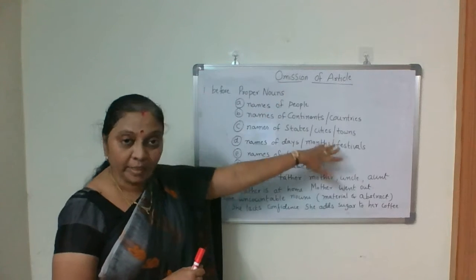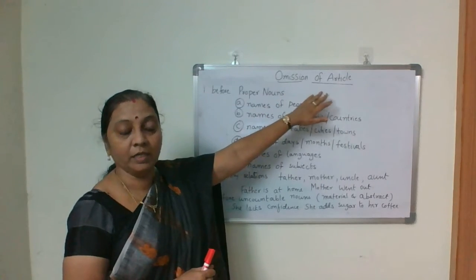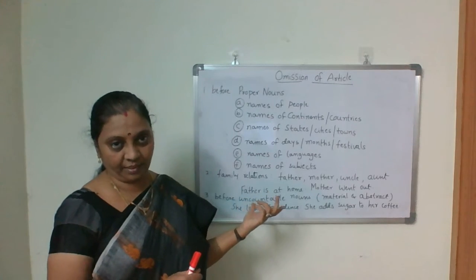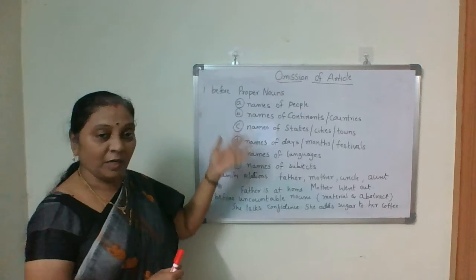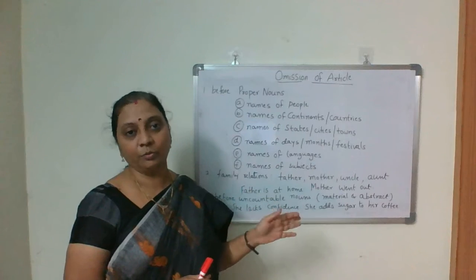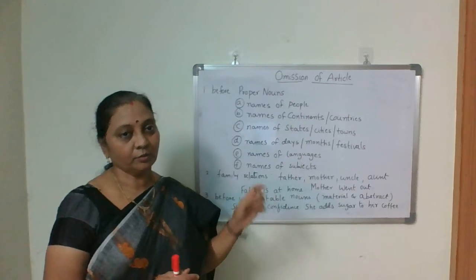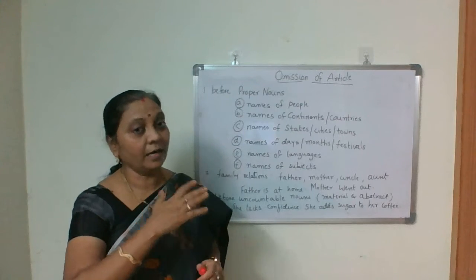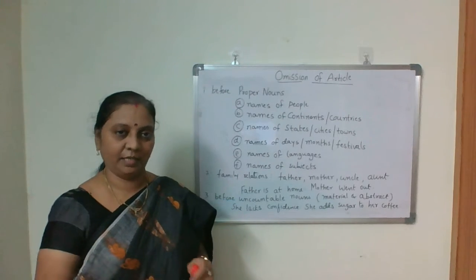Where do we omit the article? The topic is omission of articles, meaning article is not required in such cases. So let us see one by one where we don't use an article at all.